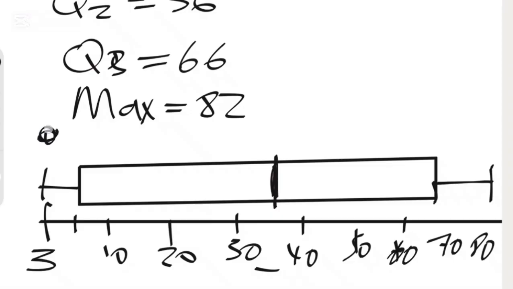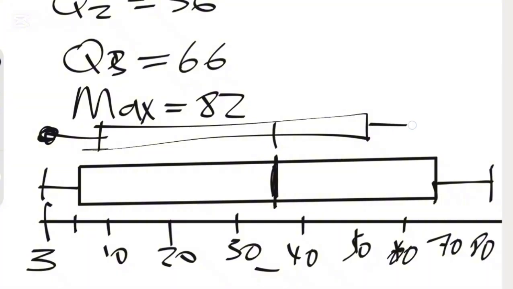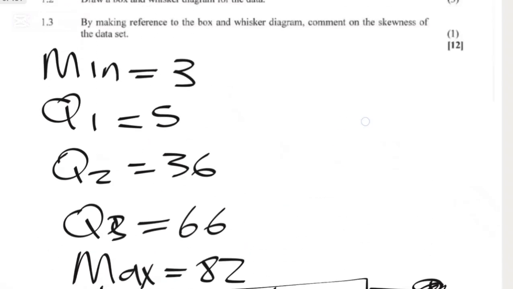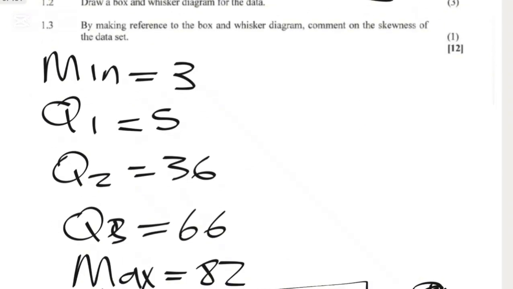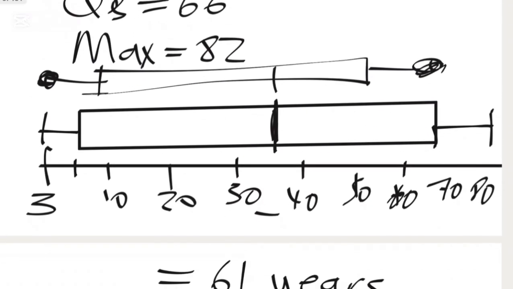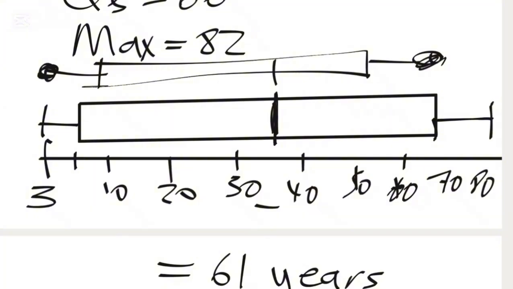Some people just do a point and then do the whole thing. Okay, so this is a box and whisker, and then they will ask you, by making reference to the box and whisker diagram, to comment on the skewness. You compare which one is more.